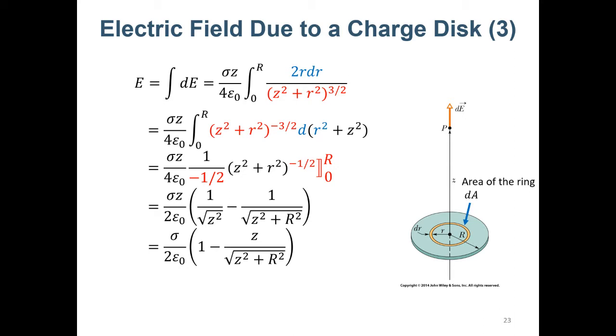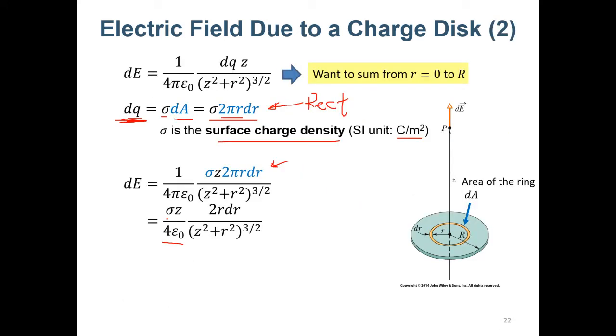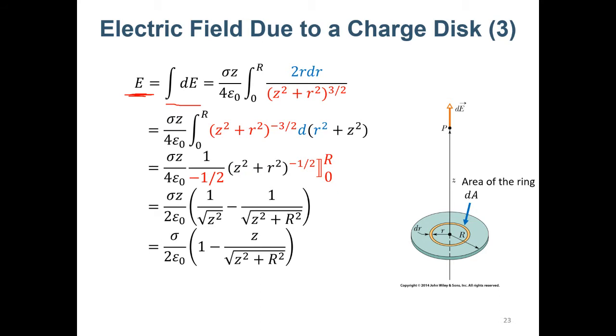So we need to calculate the overall E field generated by the whole disk. So we integrate dE, and we substitute this term to here, and you can see that 2r dr is this term. d(r squared) equals 2r dr. Just a simple derivative, right?